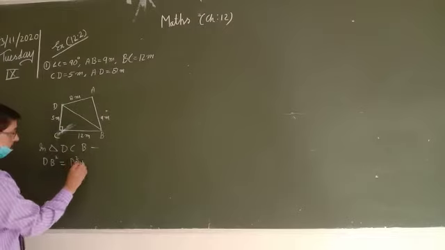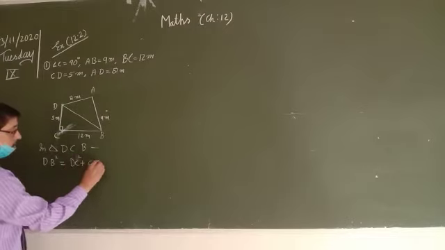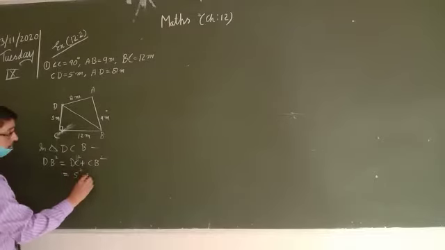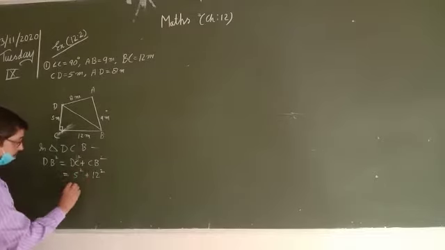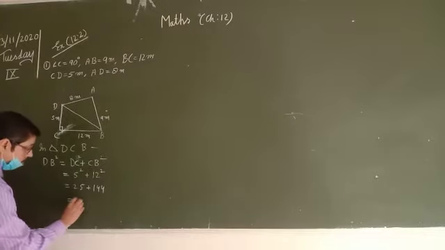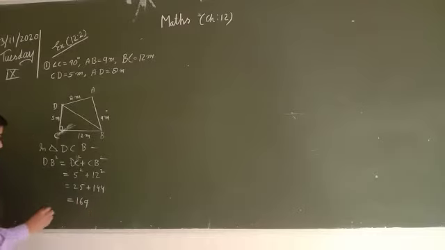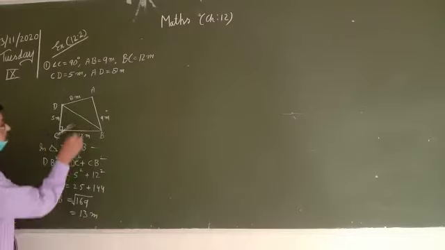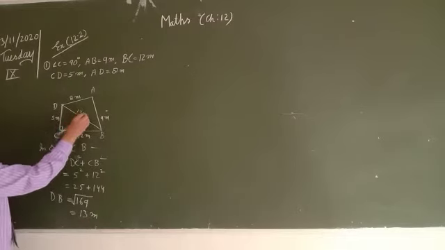The value of DC is 5, so 5 square plus 12 square. 5 square is 25 and 12 square is 144. When you add them, it becomes 169. So DB equals under root 169, or 13 meters. Its value is 13 meters.